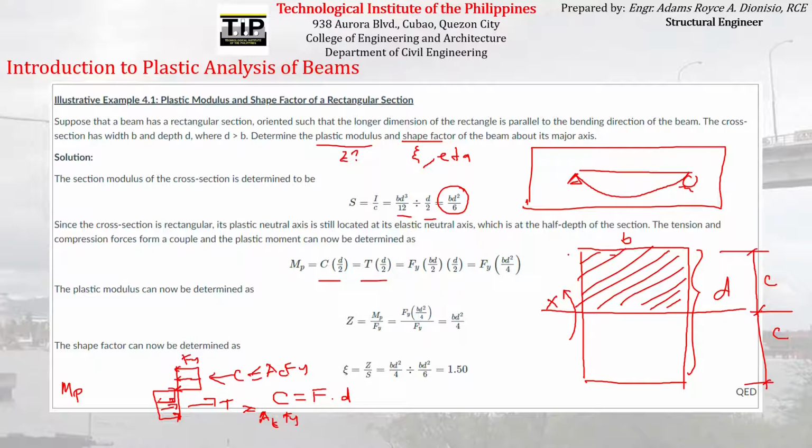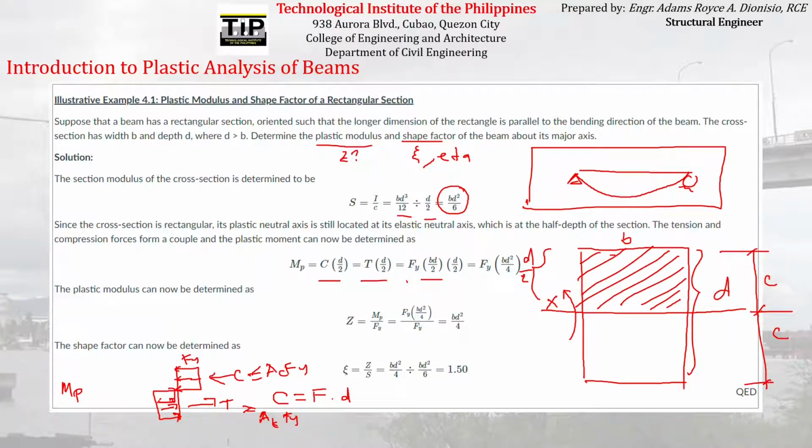Okay, this is D over 2. So B times D over 2 is equal to this. BD over 2 is the area of the shaded portion here.